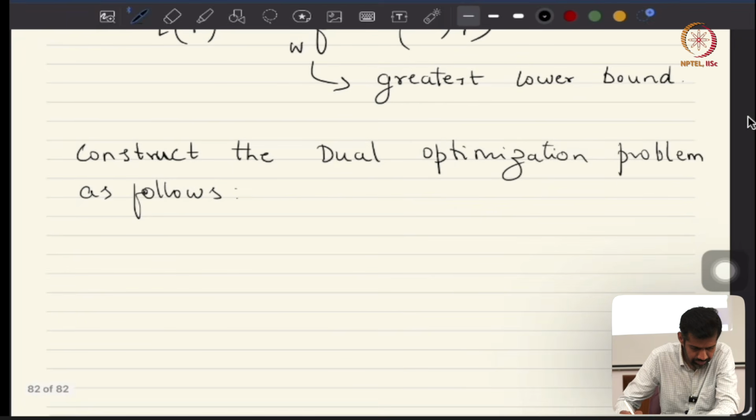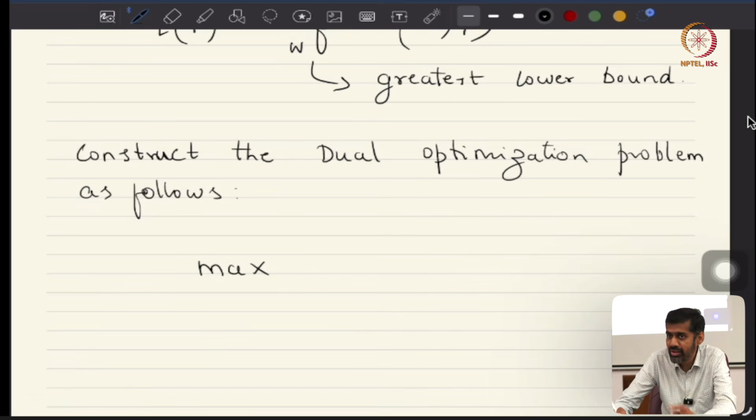So we'll have to maximize. Please note that if the primal is a minimization problem, the dual will be a maximization problem and vice versa. Because the primal that we have written is a minimization problem, the dual will be maximization.